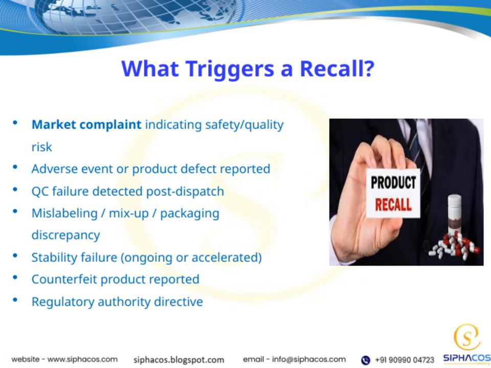Lastly, regulatory authorities might issue a directive for a recall if they identify any issues. All of these factors, whether reported by consumers, detected internally, or mandated by authorities, are what can initiate a recall process. Recognizing these triggers early is essential to ensure consumer safety and maintain trust.